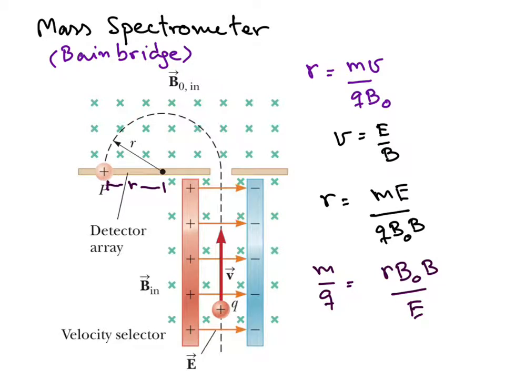As I mentioned earlier, this system can be used to separate the isotopes of an element. The particles that pass through the velocity selector are isotopes with different masses. When we ionize the atom or molecule, we remove the electron that orbits around the nucleus.